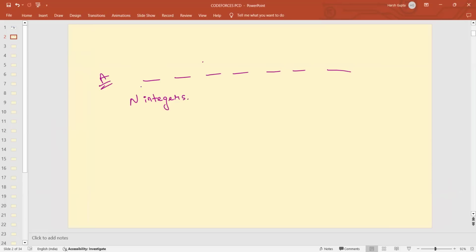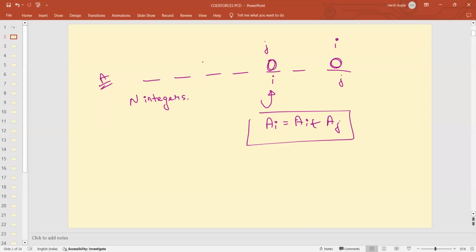Now what you can do is select any two indices. Suppose you select this as i and this as j. Then you can replace the value of ai with ai plus aj. And if you select this as i and this as j, then again this is also valid.